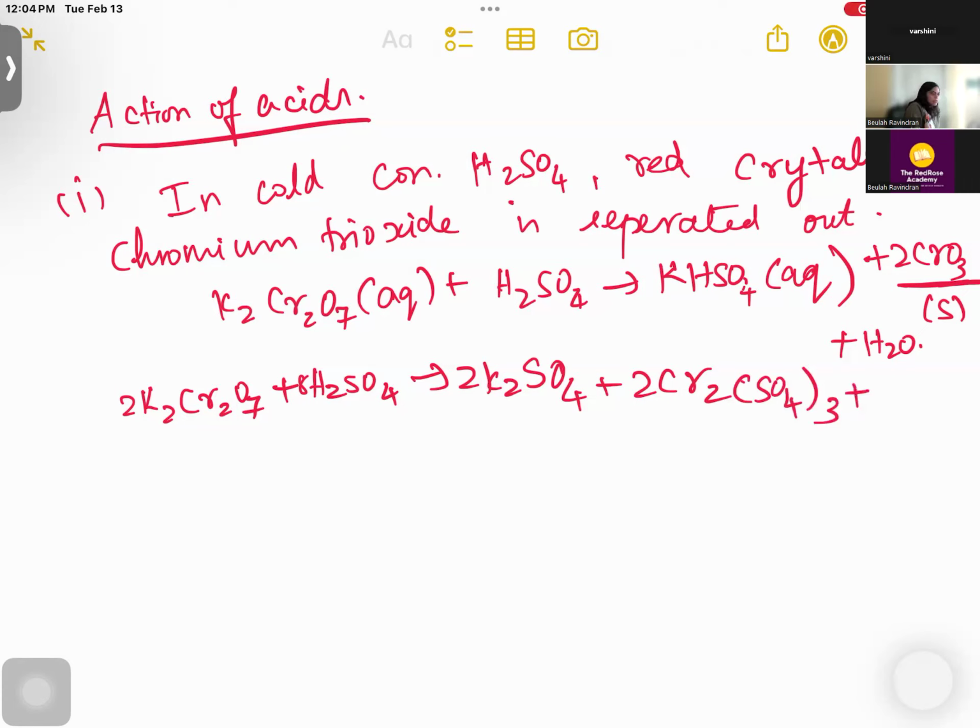Then that is chromium trioxide. Again, if it is heated with sulfuric acid, then what happens? It becomes chromium sulfate and the oxygen is liberated. Okay?